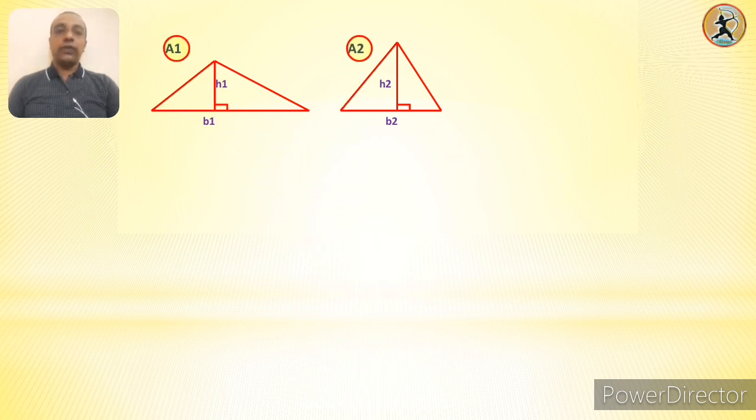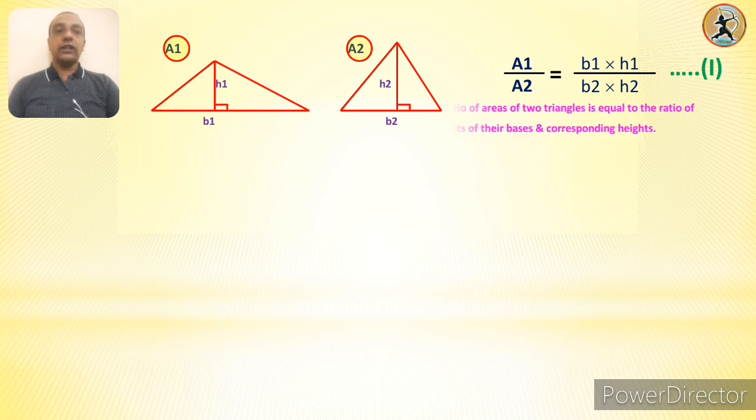Now if we have to find the ratio of the areas of these two triangles, the equation will be A1 upon A2 is equal to B1 into H1 upon B2 into H2. Here we can say that the ratio of areas of any two triangles is equal to the ratio of the products of their bases and corresponding heights.